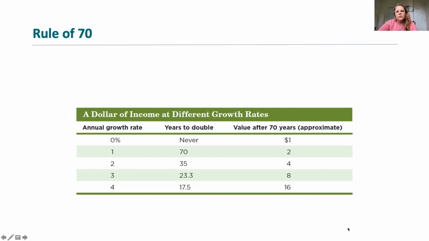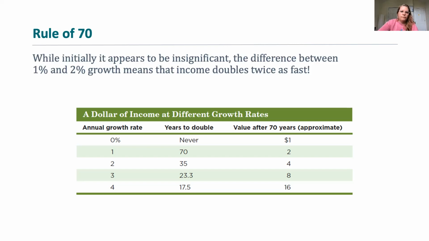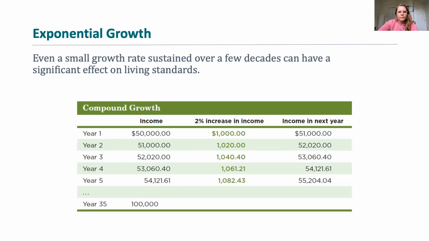The difference over the past 2 centuries has been small, but consistent. And so the rule of 70 illustrates that living standards are going to more than double in a century, even if we have just 1% growth. So here we can see an example of compounding growth.